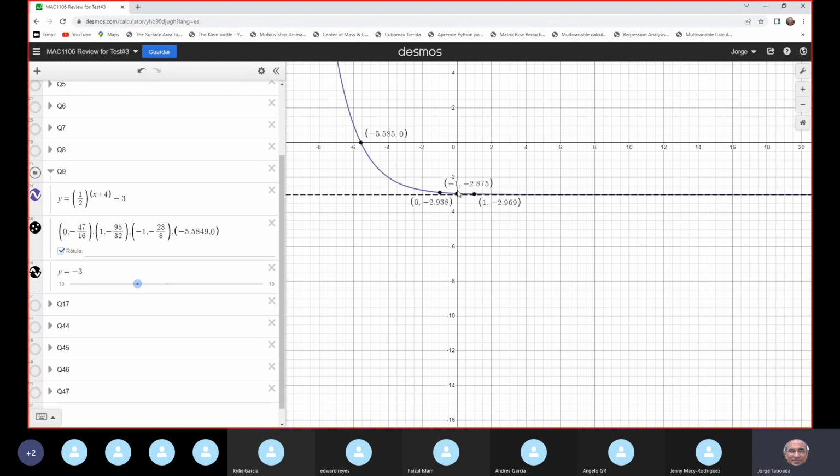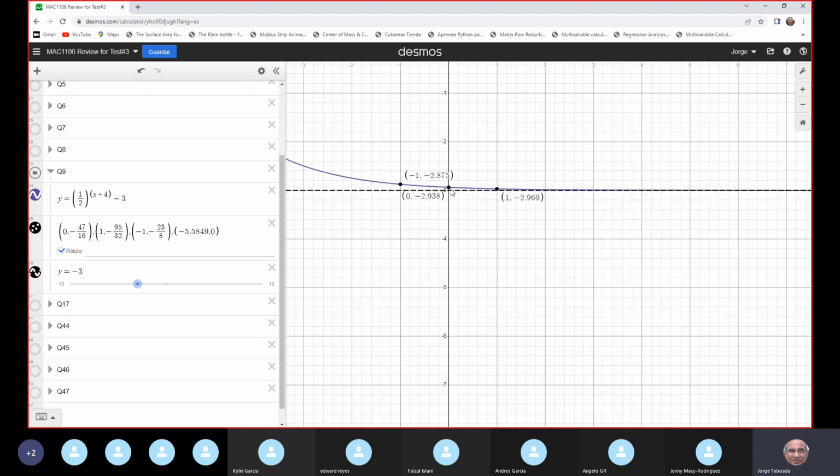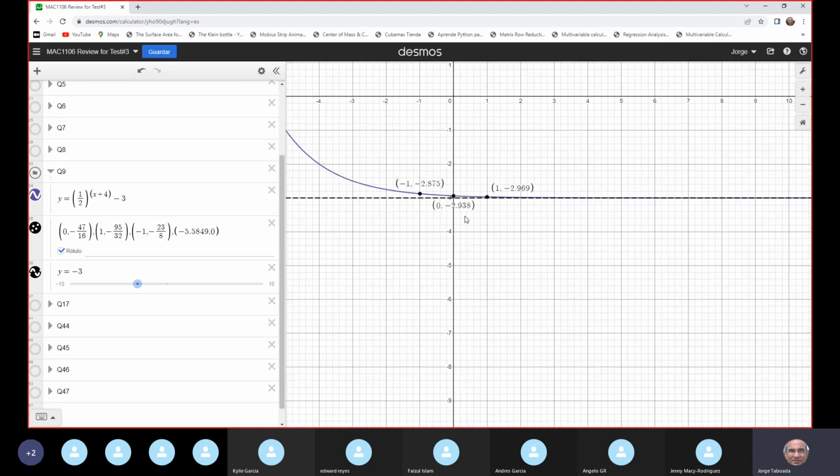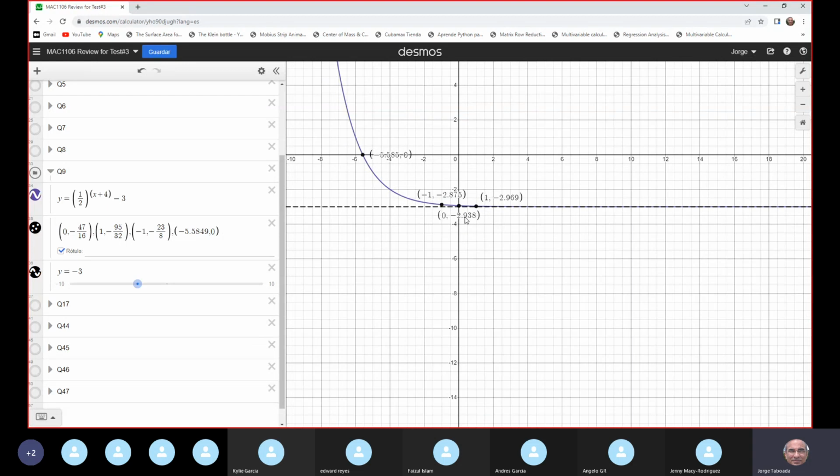Do you remember that, right? This guy crosses the y-axis. I determined the x-intercept, which was -5.58 something. And I determined the classical typical points: you evaluate the function at +1 and -1.